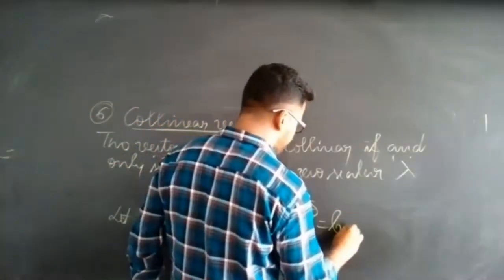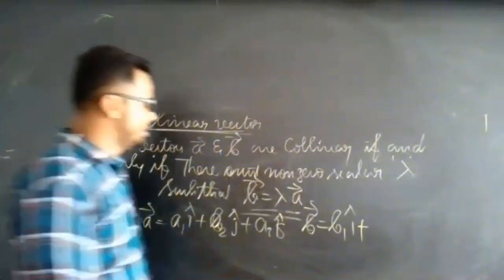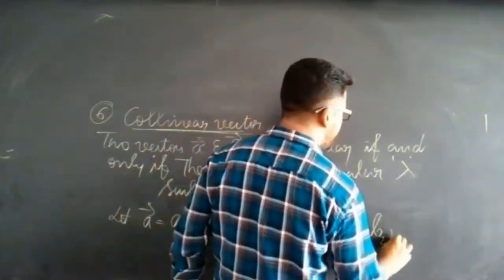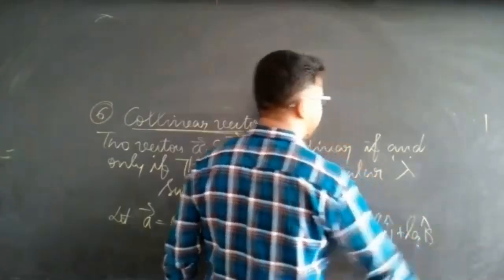Later, don't tell I'm not understanding. You have to listen to the class carefully. So B is B1 i cap, B2 j cap, B3 k cap.